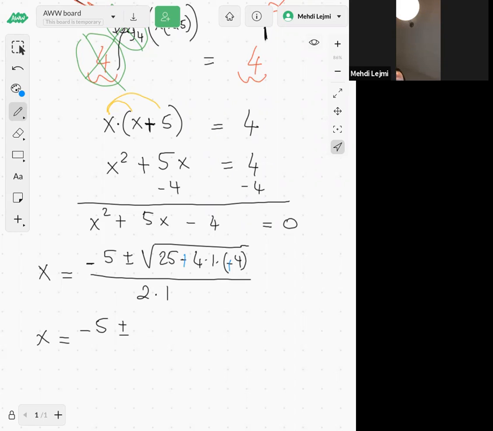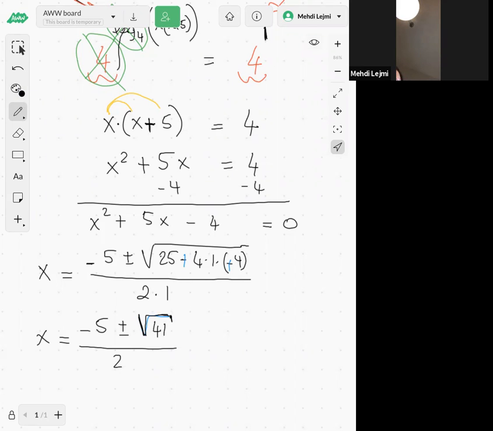All right, so this is not a perfect square. This is the square root of 41. I think I picked the wrong numbers here, but anyway, it's 25 plus 16, which is of course 41, which is not a perfect square.